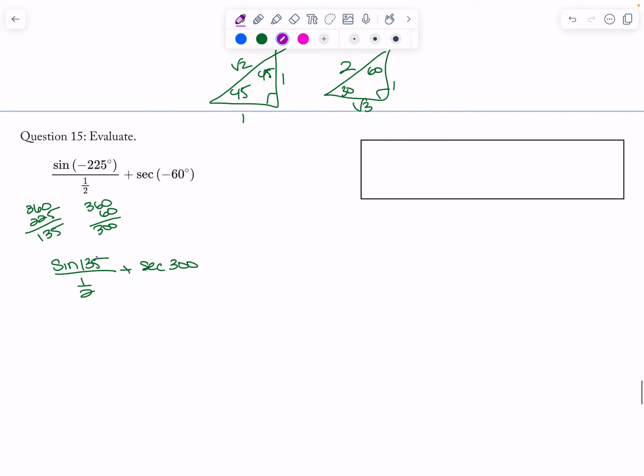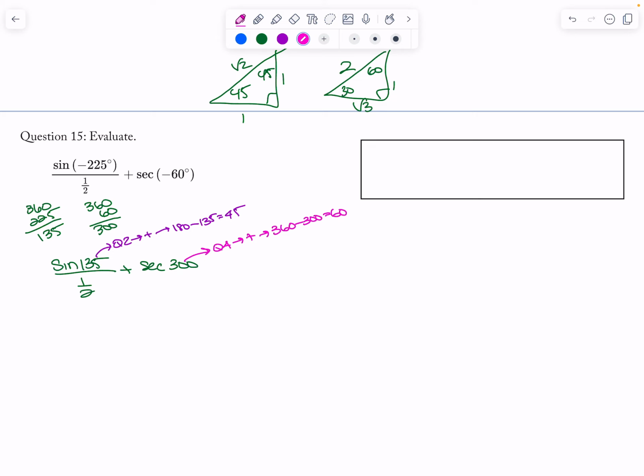So 135 is in quadrant 2, sine is positive. So then 180 minus 135 is equal to 45. And then here my 300 is in quadrant 4, but secant is positive. So then 360 minus 300 is equal to 60.